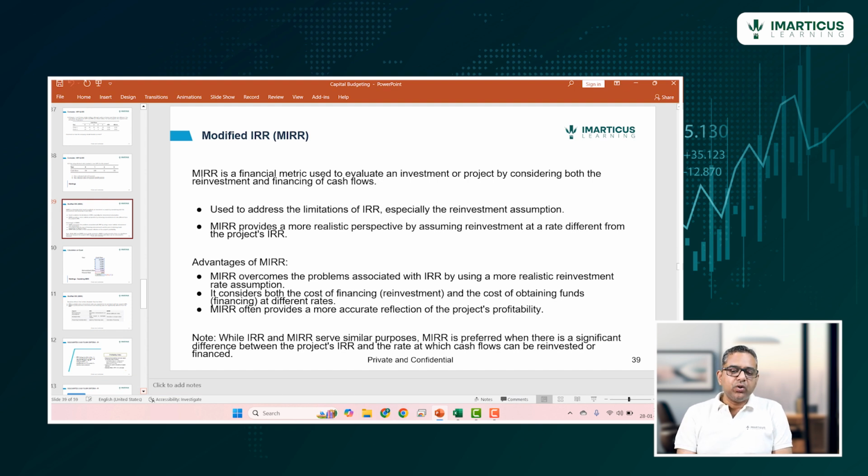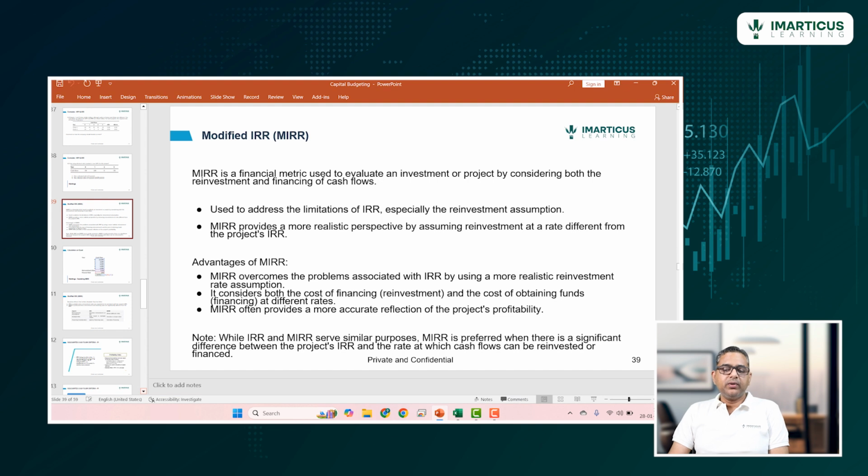That limitation is overcome by this modified IRR, where it allows us to punch in a different reinvestment rate. So now our discount rate can be different from the reinvestment rate at which we will be able to reinvest our interim cash flows. Advantages of MIRR.